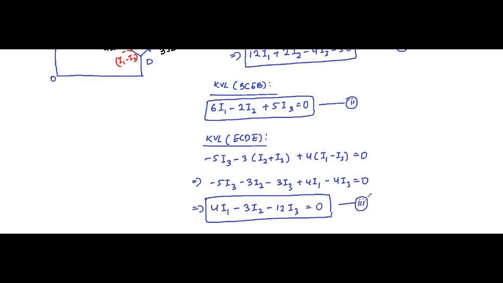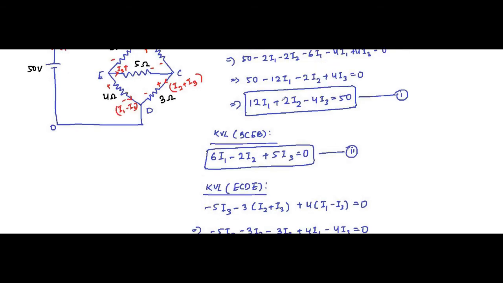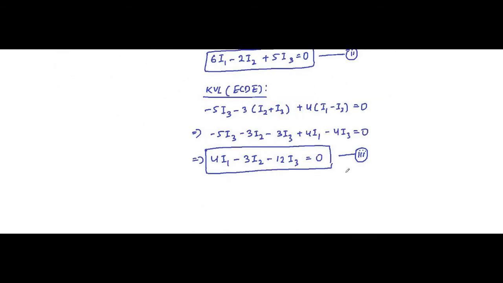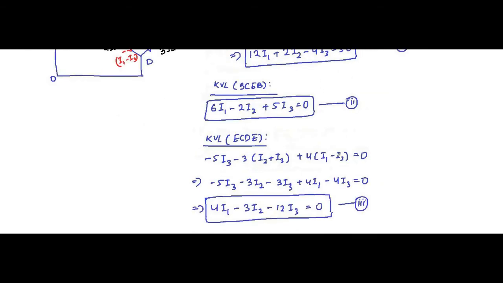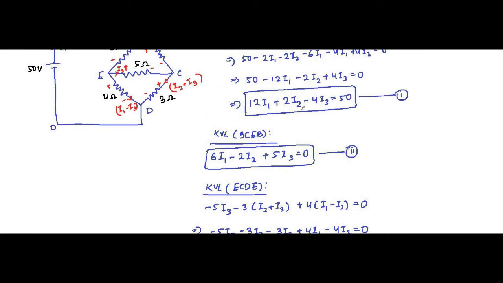So now we have got 3 equations, 1, 2, 3. Here all are in terms of I1, I2, I3. We have to pick 2 equations at once and try to cancel out one variable.